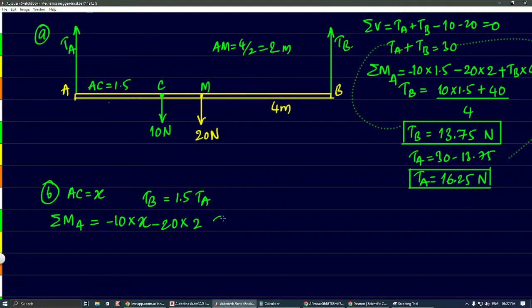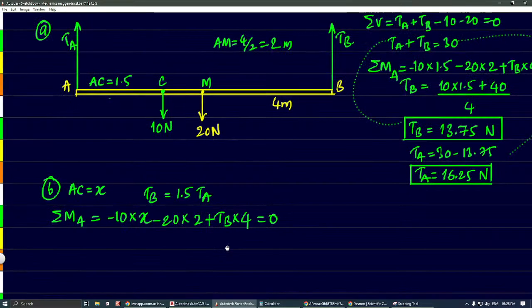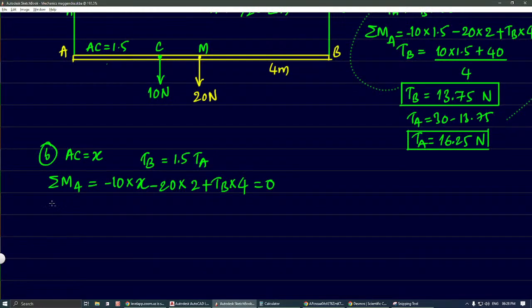And then TB, distance is 4, this one is anti-clockwise, so plus, total should be 0. Again there are two variables here, so we will not be able to solve it. So in order to reduce it, let us take sigma v. Sigma v means tension A upwards, tension B upwards, minus 10, minus 20, the total should be 0.